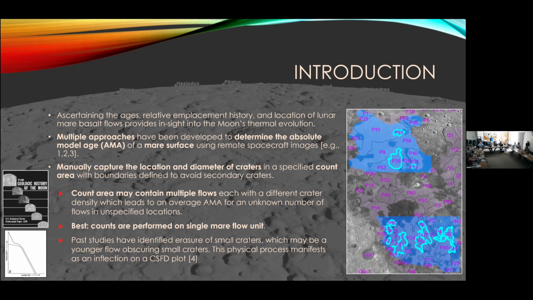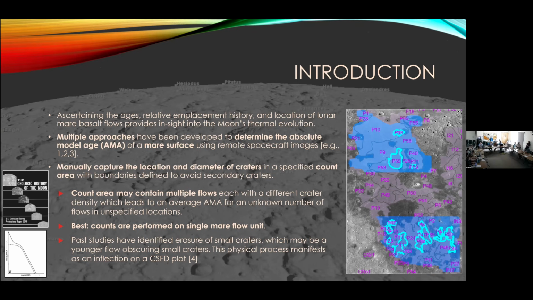Typically these involve manual crater counting and measurements to identify the location and size of each crater, and then crank through the formulas on that. The count area that's defined in most studies may or may not include multiple flows.